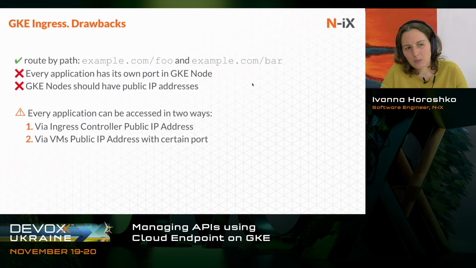Again, fine, but it might be a bit messy if you have 100 services and you need to understand which service is serving on which node, on which port. What I really don't like about this approach, and what was a showstopper for me as I was developing that, is that GKE nodes should have public IP addresses.